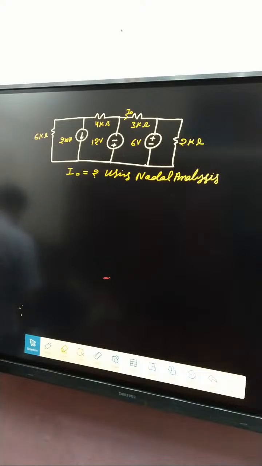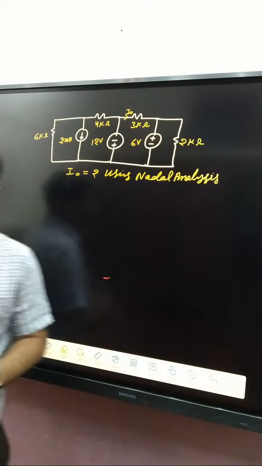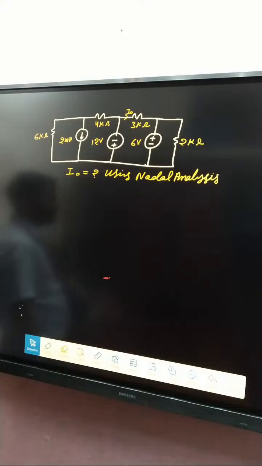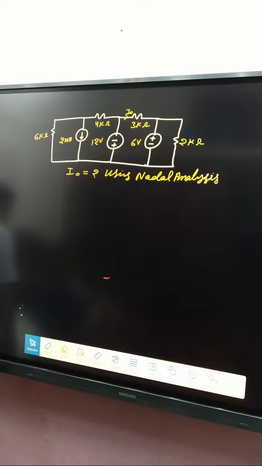So first of all, everyone try, then I will do it. If anyone faced a doubt corresponding to any step, then I will explain. If the question says using nodal analysis, then use nodal analysis.